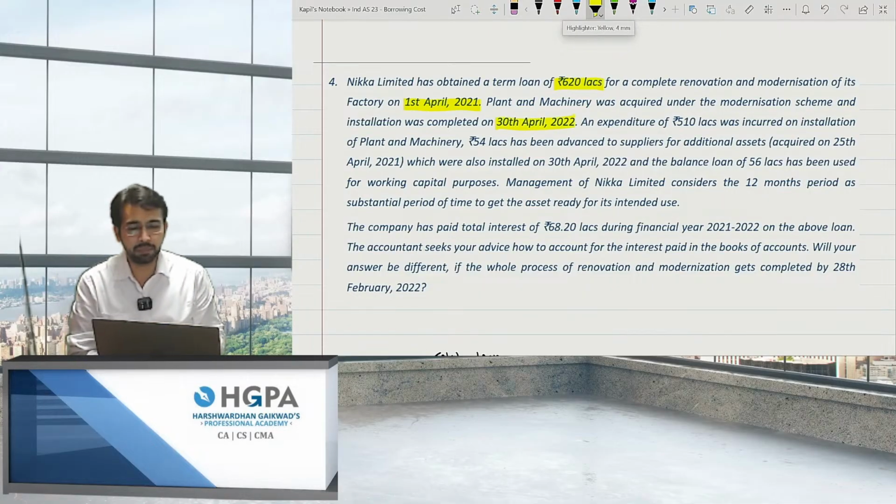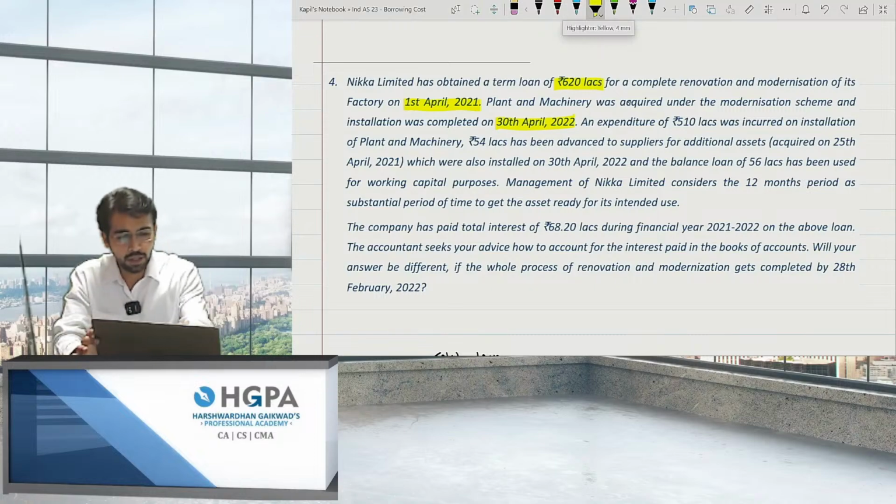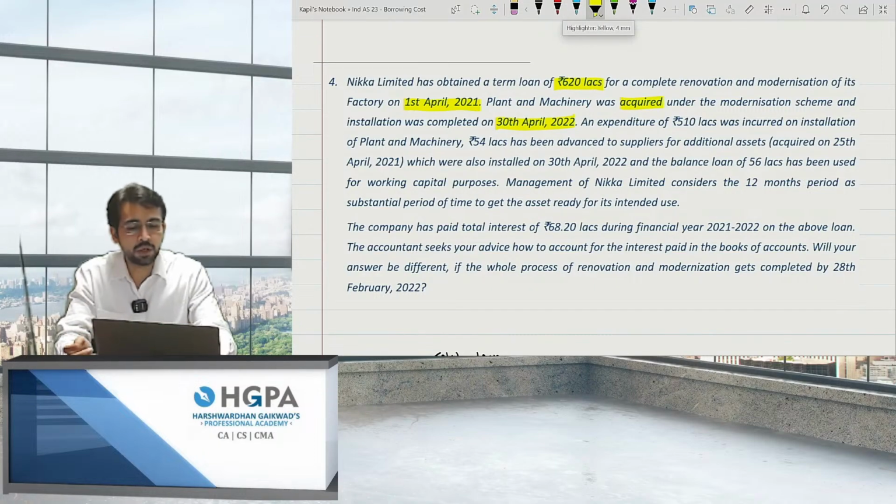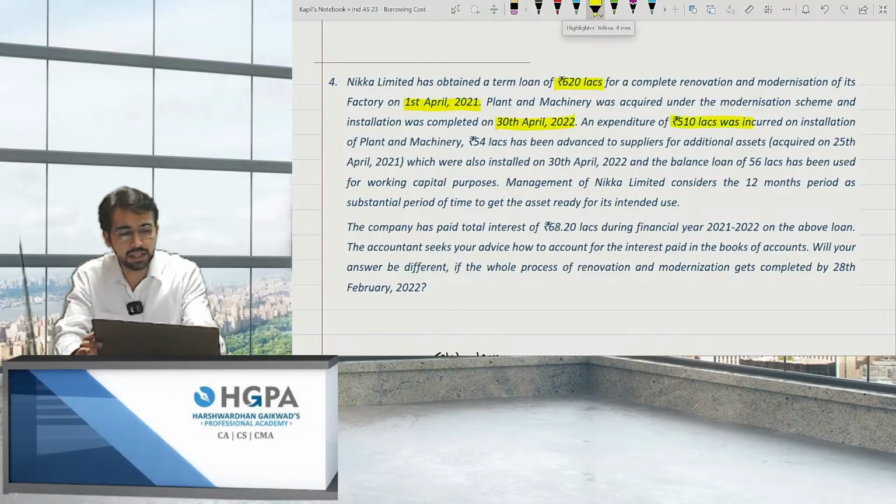An expenditure of 510 lakhs was incurred on installation of plant and machinery. 54 lakhs has been advanced to suppliers for additional assets acquired on 25th April, which were also installed on 30 April. And the balance of 56 lakh had been used for working capital.